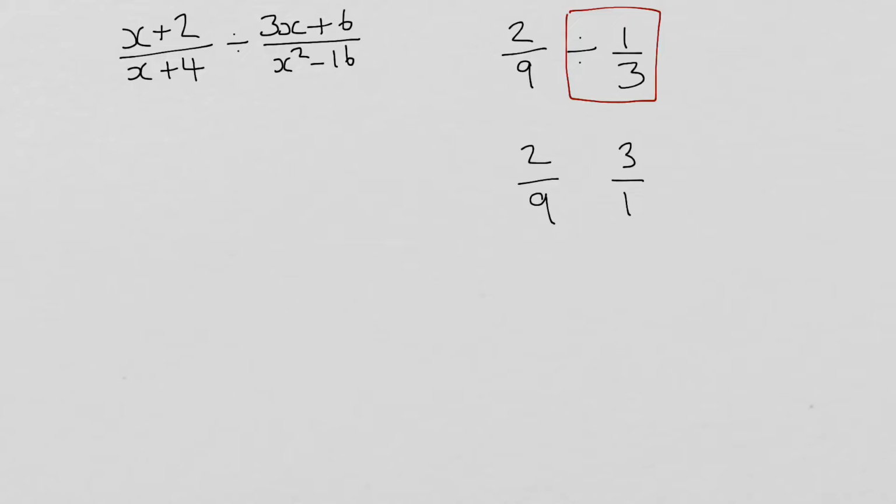The over 1 isn't essential, but we'll just pop it in anyway. And the opposite of the division is obviously multiplication. So 2 times 3 is 6/9. So you can do it that way, and once you get to your answer there, you can see that both numbers can be divided by 3, so I'll get 2/3.